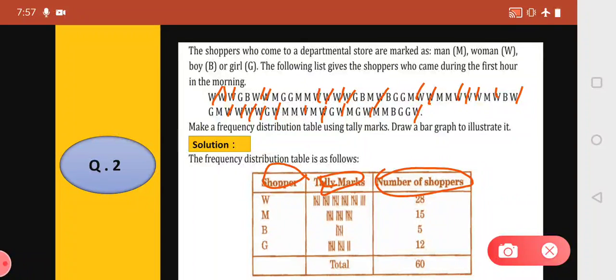Yes, there are 28 women who visited the departmental store.